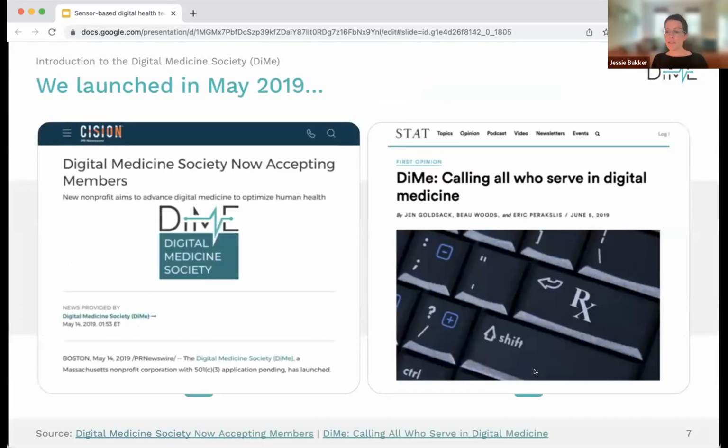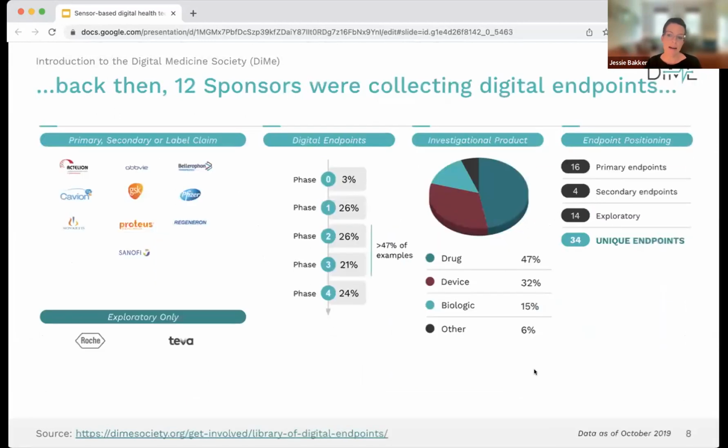The Society was launched as a nonprofit in mid-2019, and at that time, we identified 12 industry sponsors who were collecting digital endpoints in their clinical trials. So by industry sponsors, I mean biopharmaceutical companies or medical device manufacturers who were using digital tools to collect their endpoints in their clinical trials used for development of new drugs, devices, or biologics.